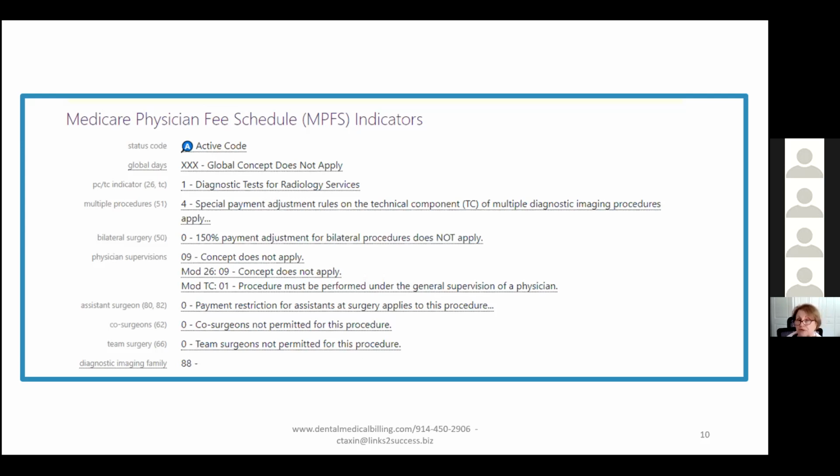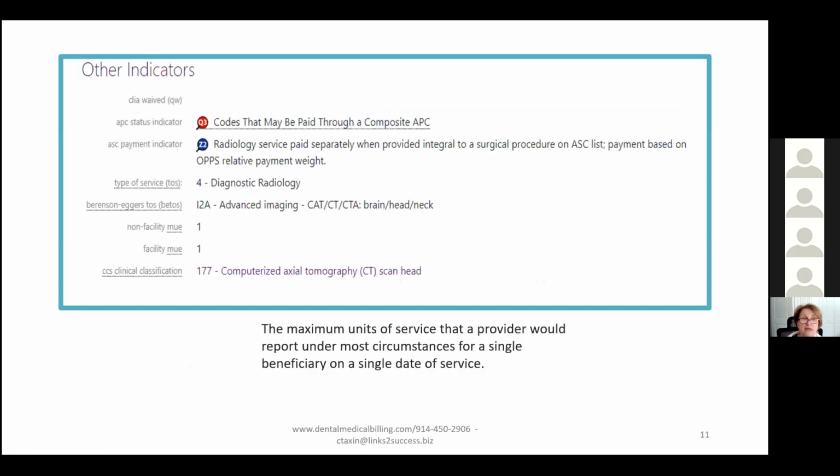So again, your NPI number is part of your billing, and payment restrictions are part of for assistance as surgery applies to the procedure. So we have a lot of these rules and we need to follow them. And that's why credentialing is so important.